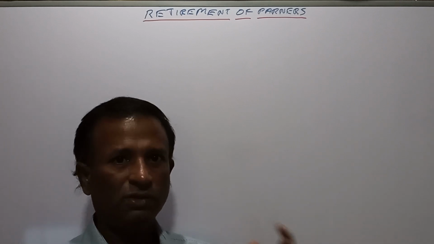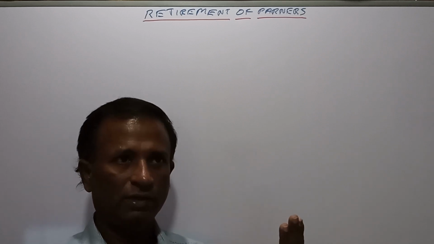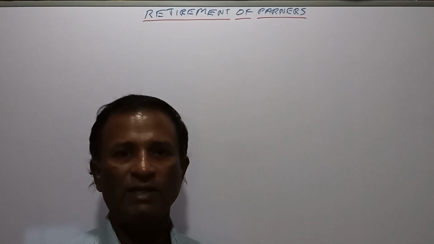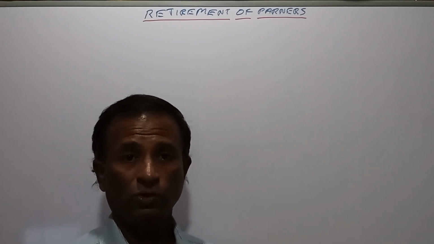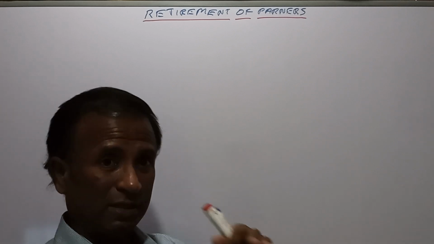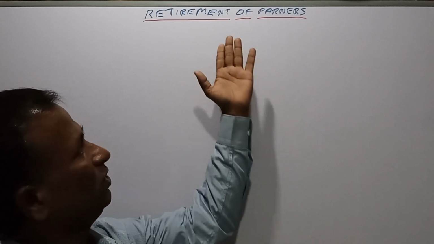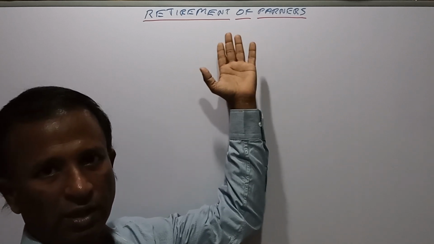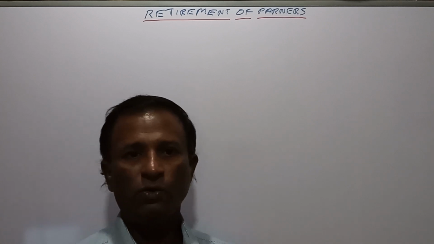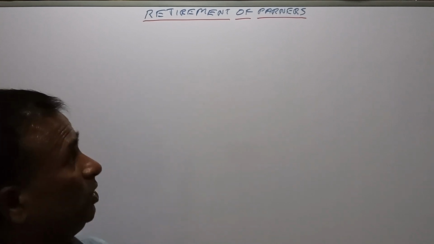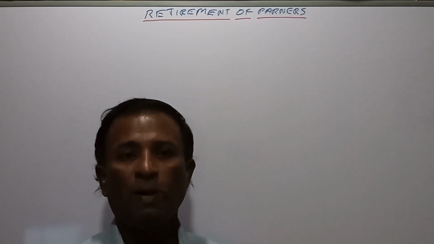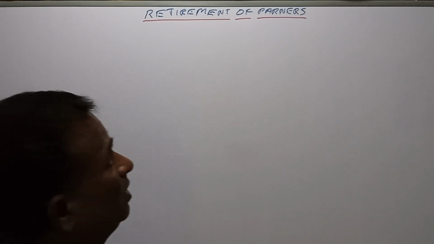At admission, we have seen that when we admit the new partner, we used to revalue the assets and calculate the goodwill, and so on. The same thing we do at the time of retirement, but here the scenario may be different, right? When we do the questions you can understand.